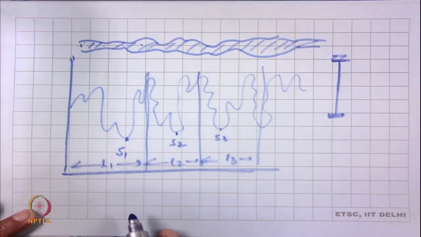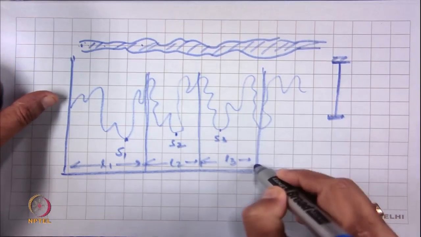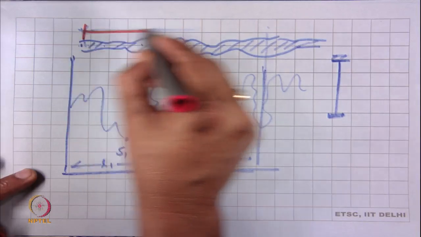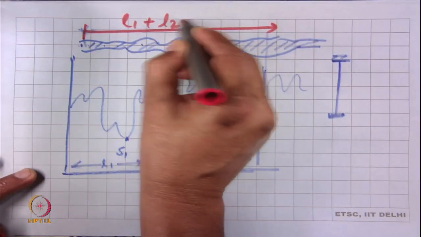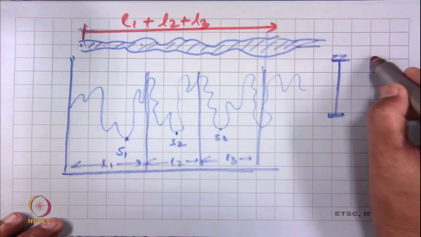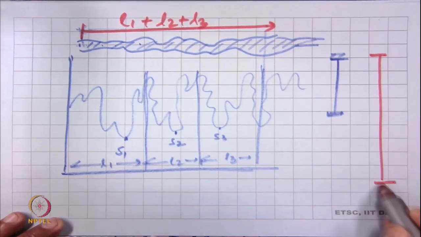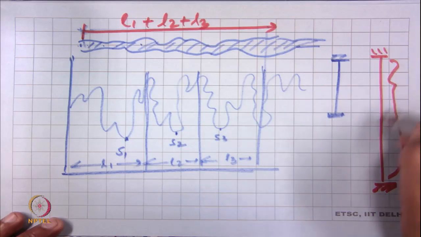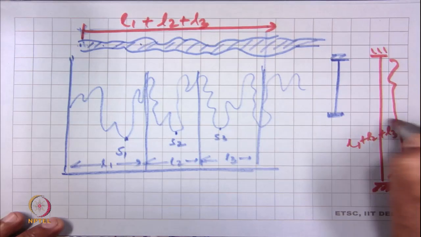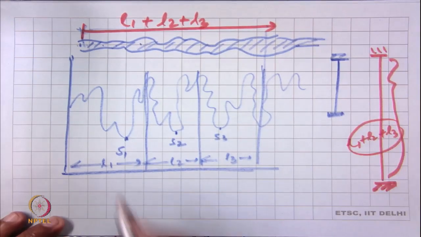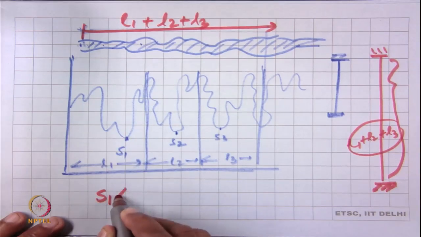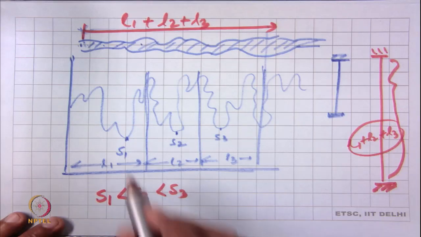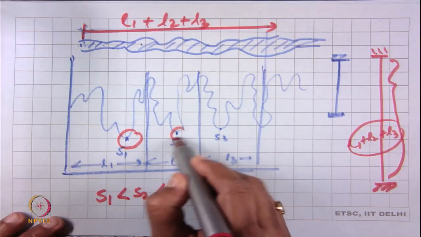If we measure the strength of the yarn by taking the total length, which is L1 plus L2 plus L3, with this as the top jaw and here the bottom jaw, so as per this picture S1 is less than S2, which is less than S3. So, S1 is the lowest value, followed by S2, and S3 is a little bit higher.